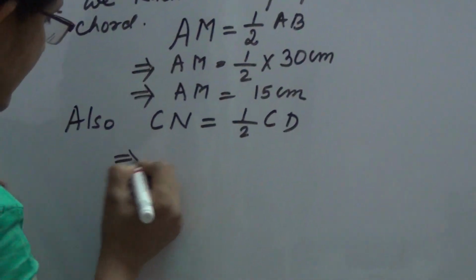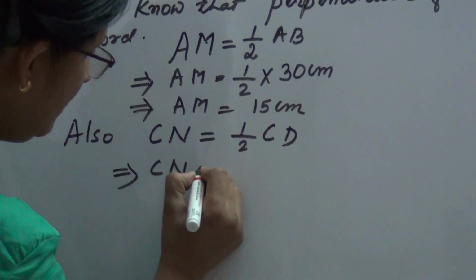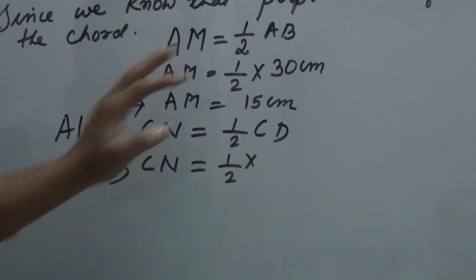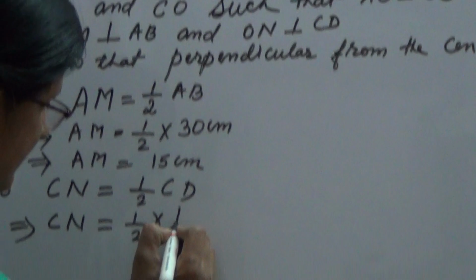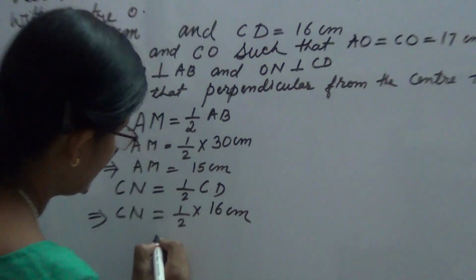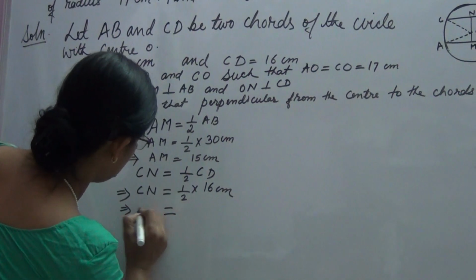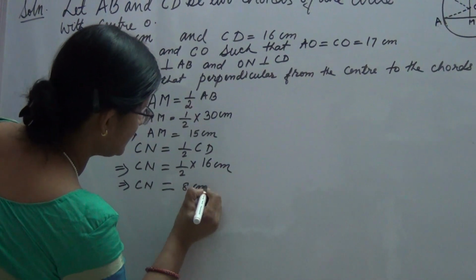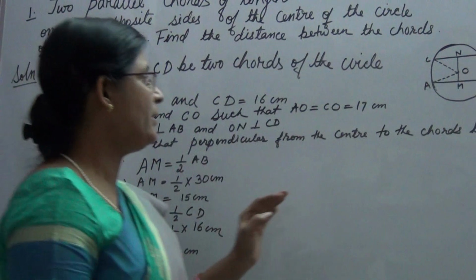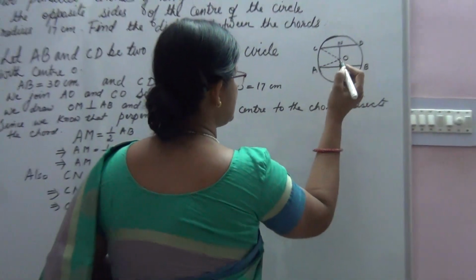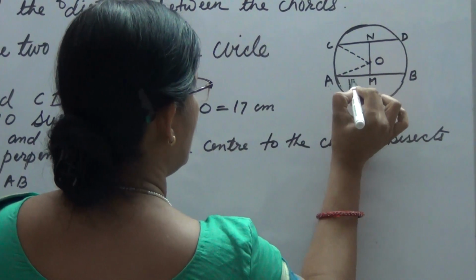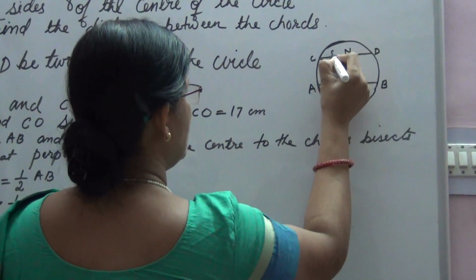This implies that CN is equal to 1 by 2 CD, the value of CD is already given, it is 16 centimeter. Half of 16 is 8 centimeter. Now we have these two values: this has become 15 centimeter and this has become 8 centimeter.